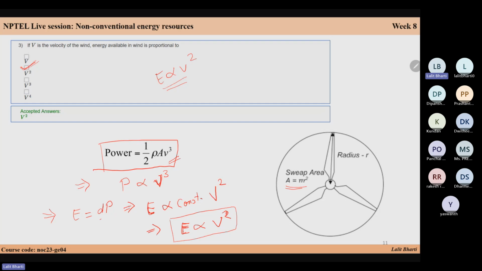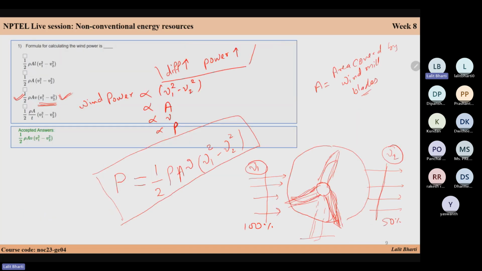If the power was asked, it is directly v to the power 3, or from the relation of power we can directly get v times v square, so we will get v cube.